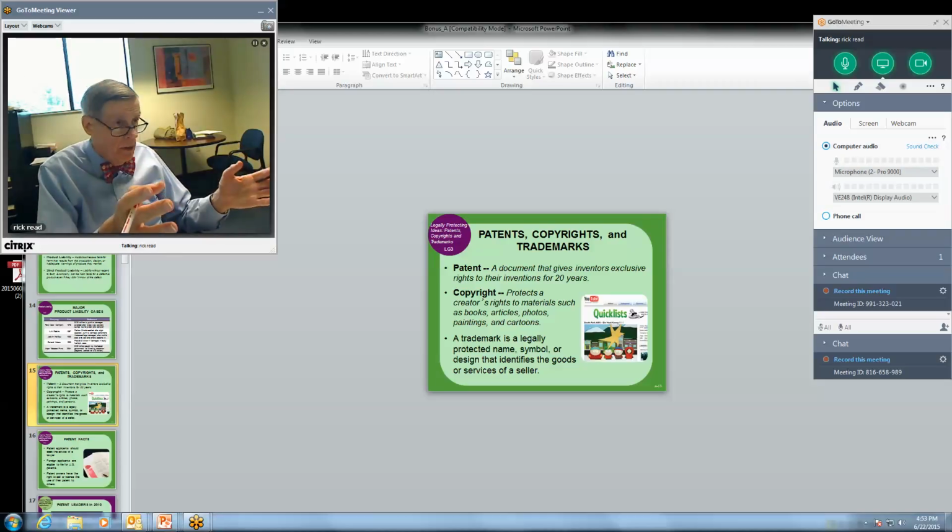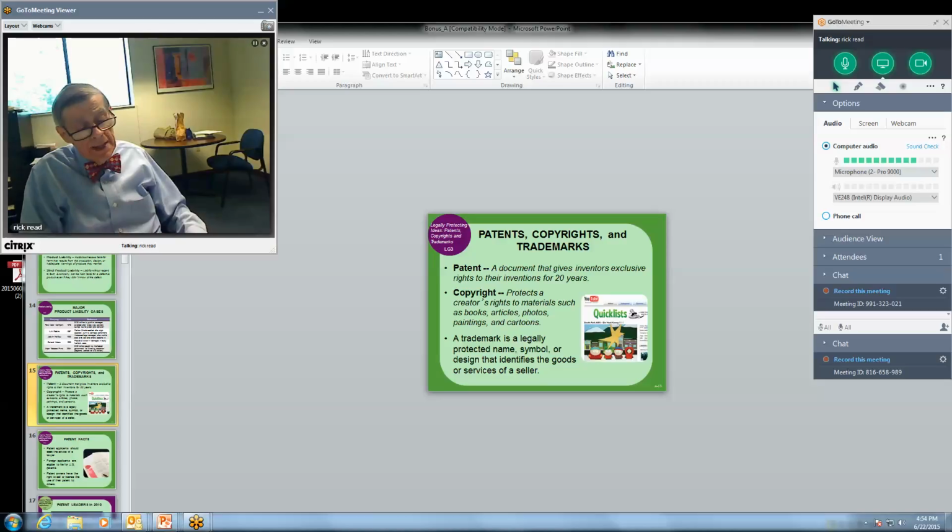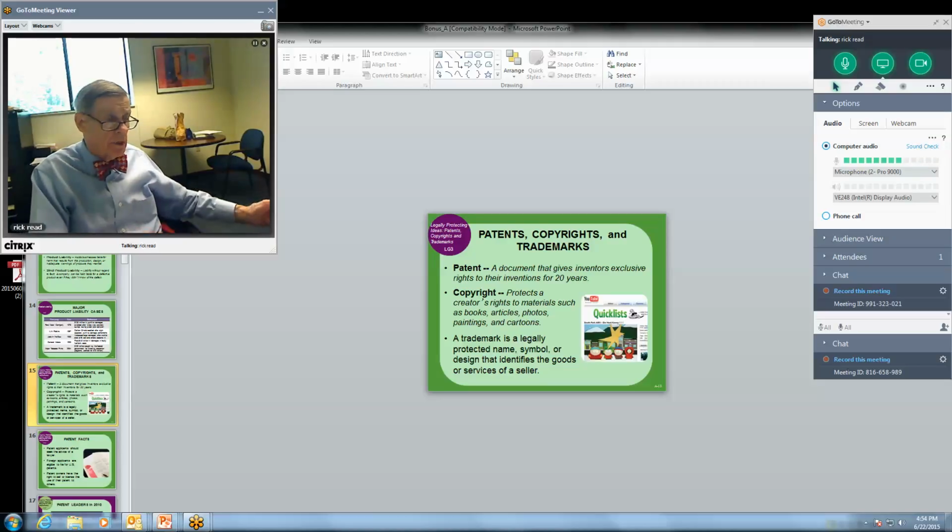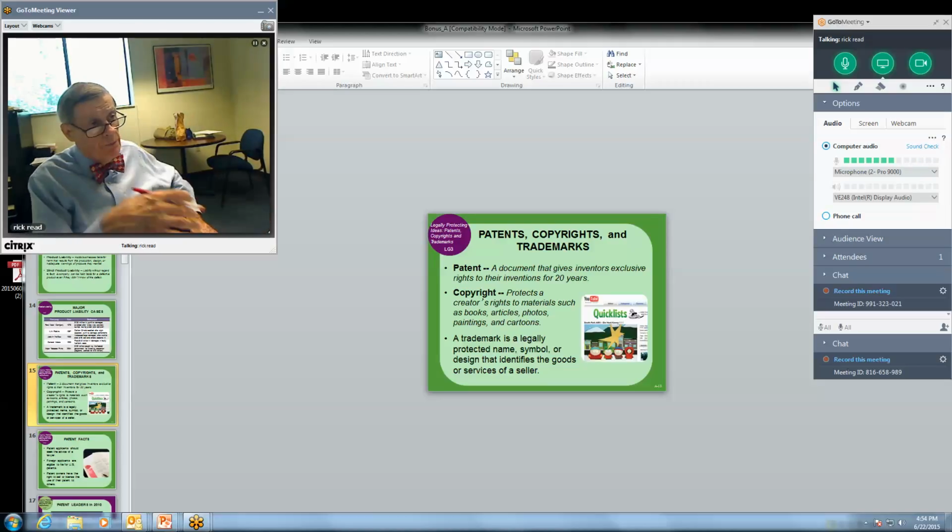And so what will happen in many cases is that people will sell their patent to a larger company and then go on with something else. Now there has been some mischief that has crept into this, where companies are suing people for patent infringement when in fact they don't own the patent in the first place.